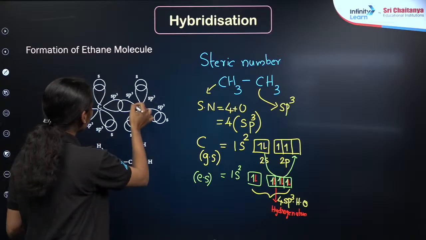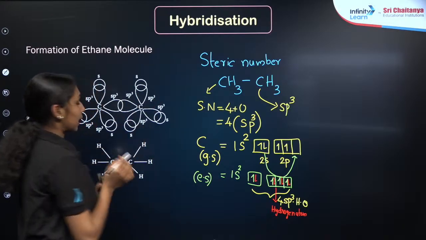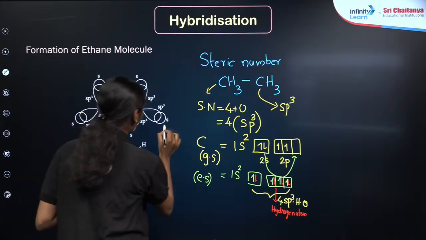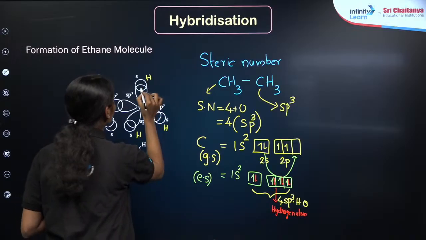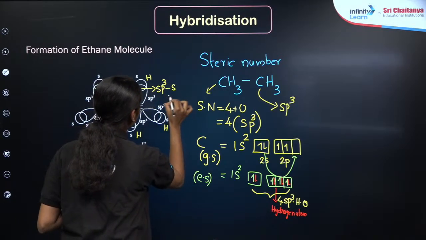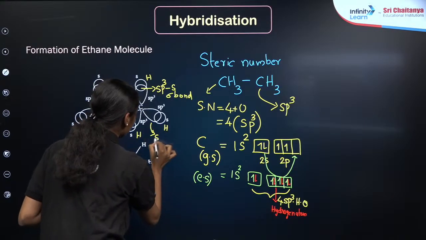Similarly, the next carbon atom also contains 4 sp3 hybridized orbitals. Then you can see these 3 orbitals are the 1s orbitals of the hydrogen atoms. They will overlap with the sp3 orbitals, so it will form an sp3-s sigma bond. What about here? Again, this is also an sp3-s sigma bond.